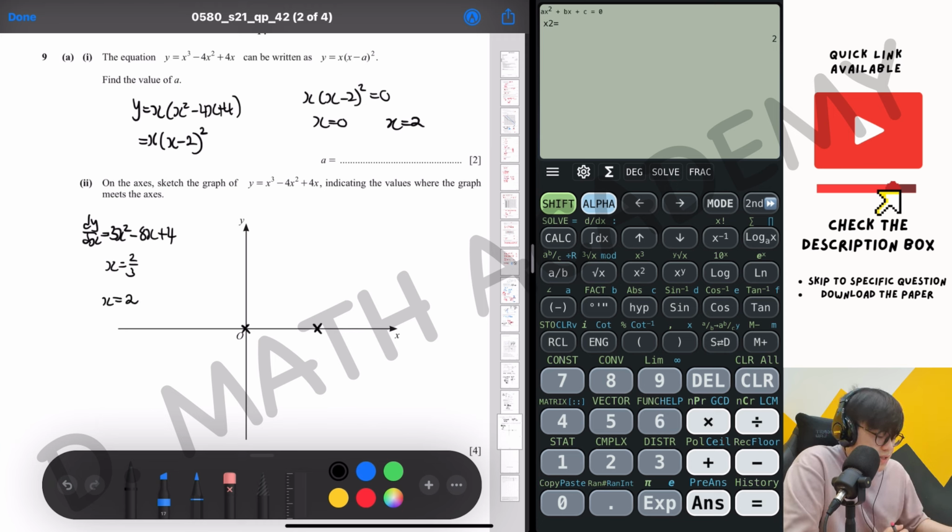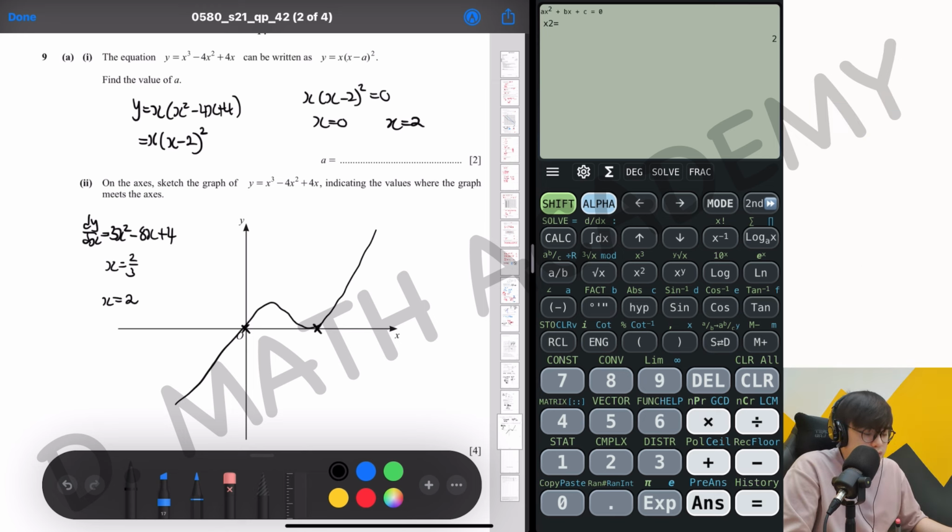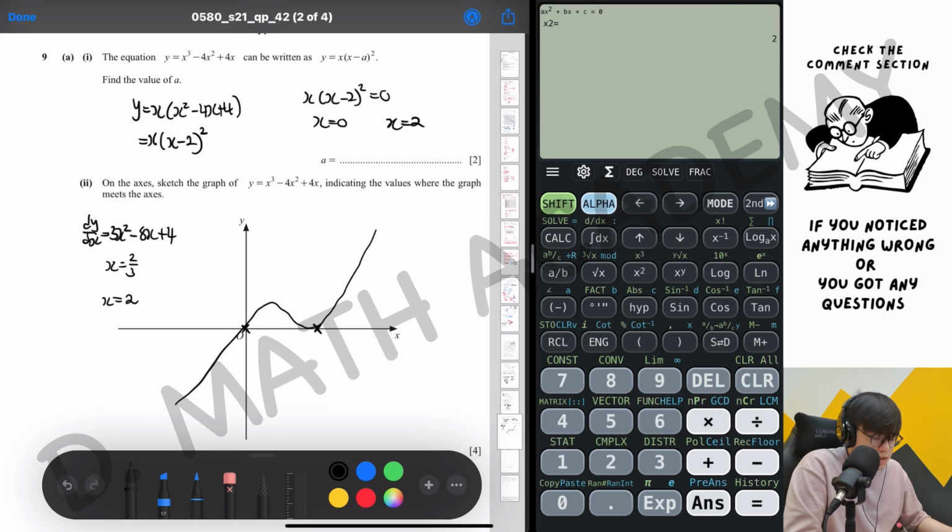So what it means is that you will have a curve somewhere around here. This is the turning point. Going up a little bit, then go down again. So this will be the way that the curve looks like, because this is your turning point. This here will be your turning point.